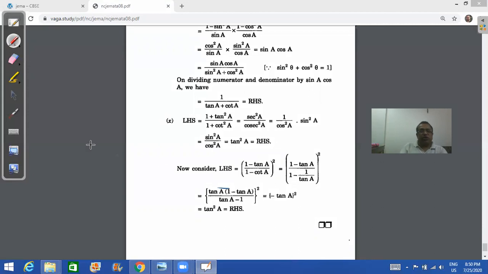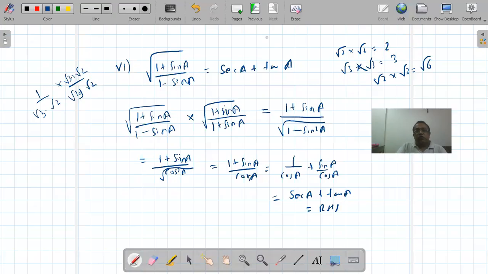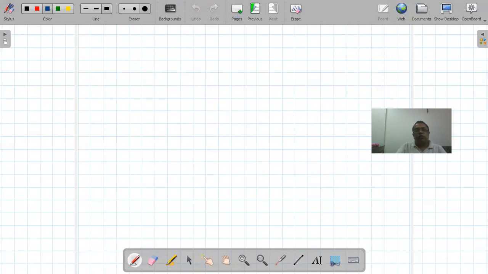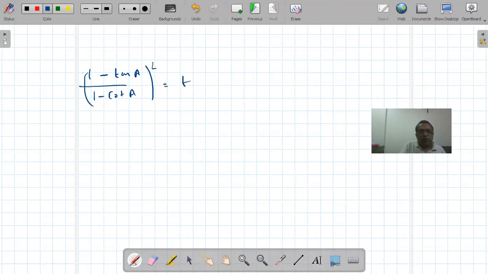So I would suggest doing this by a simpler method. So this is going to be (1 minus tan A) upon (1 minus cot A) whole square, which has to be proved equal to tan square A. What I would suggest in this question is to convert into sine cos. That's easier.